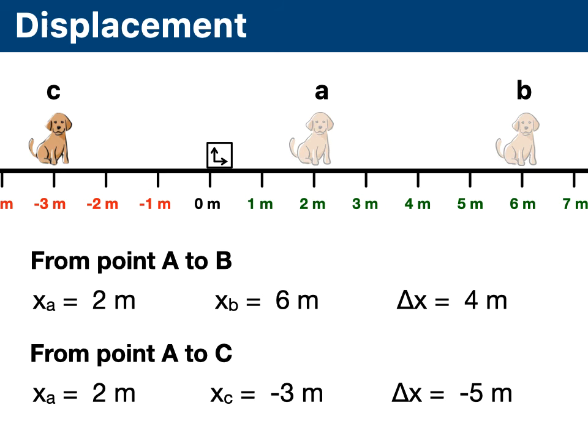Again, the positive and negative numbers are defined based on the direction of that origin symbol. So be careful. For now, we'll keep it in that direction, but later we can change the direction of that origin symbol, and it does change the negative and positive signs.